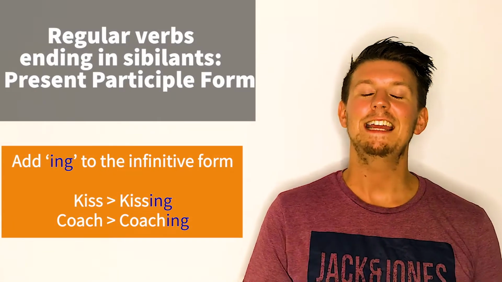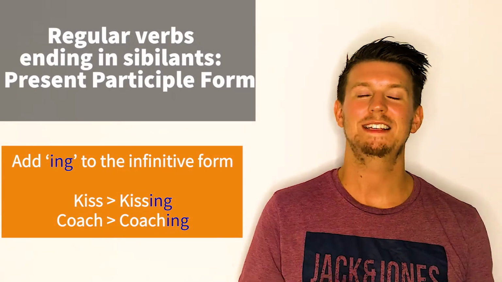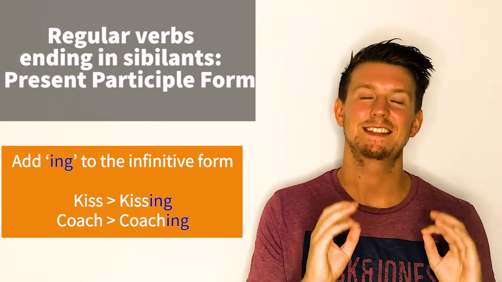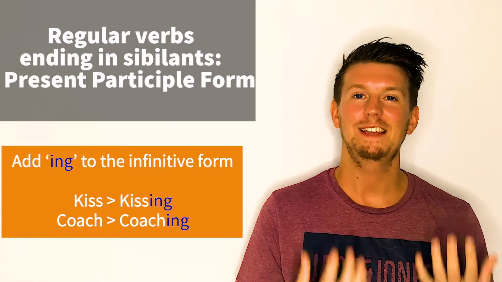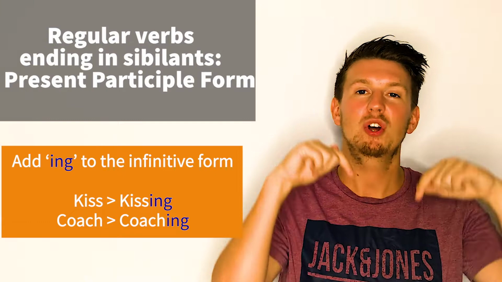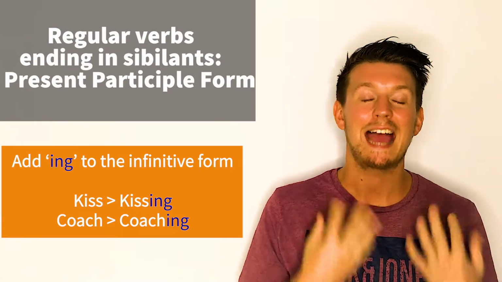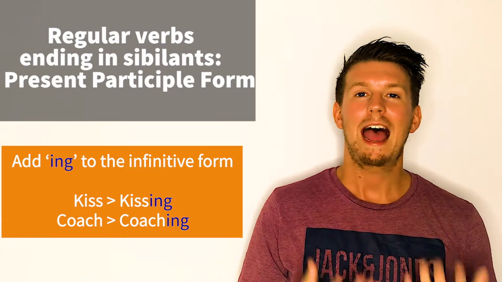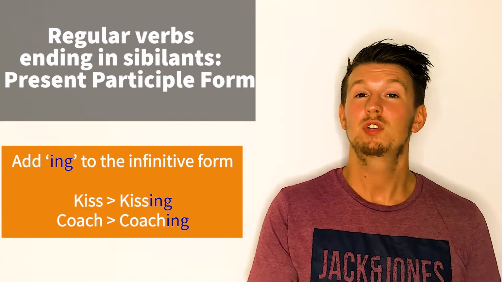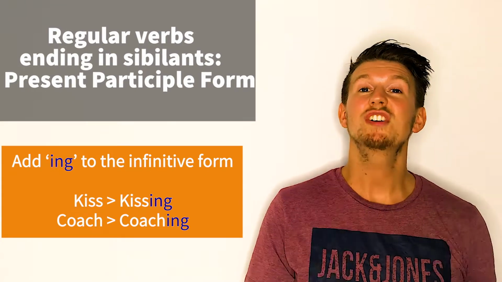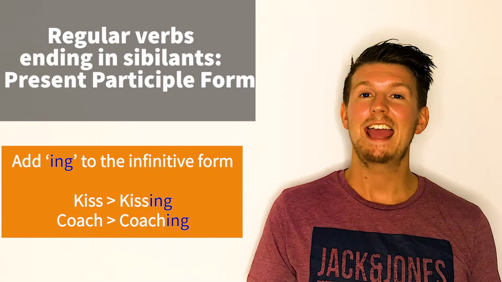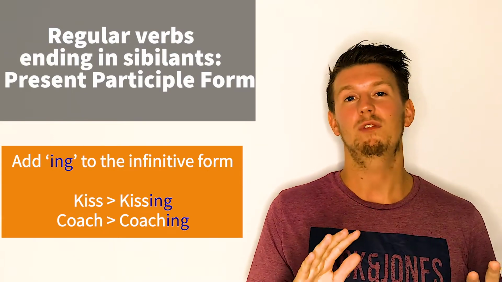And finally, we have the present participle, the present tense. Remember, this is something that is happening at the time we are talking about. It's happening now. So, how do we take the infinitive to the present participle? Just add ing. Very straightforward.